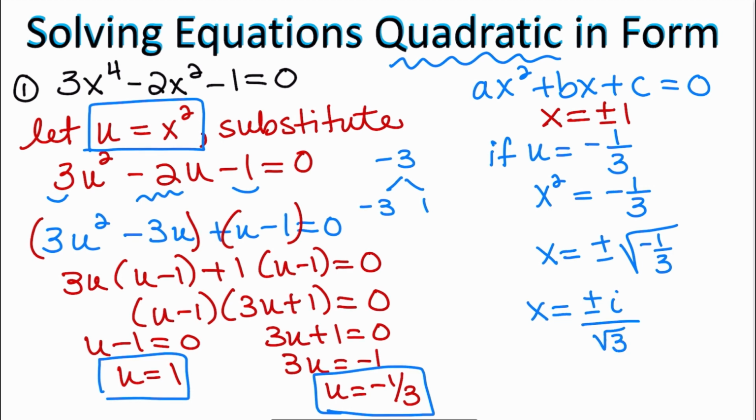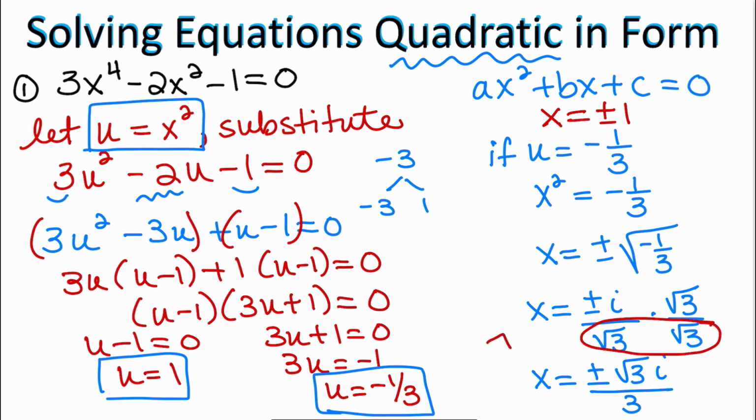I don't want to be left with a radical in the denominator, so I have to rationalize, which means I'm going to multiply top and bottom by the square root of 3. So I end up with x is equal to plus or minus the square root of 3 times i all over 3, because when you multiply the square root of 3 times the square root of 3, it becomes the square root of 9, which of course is just 3.